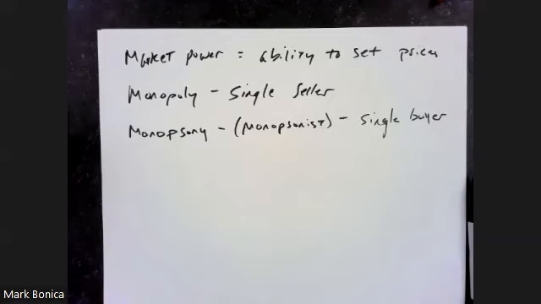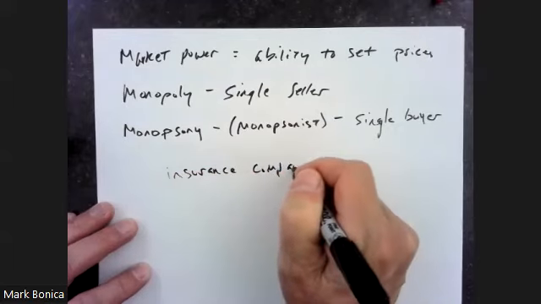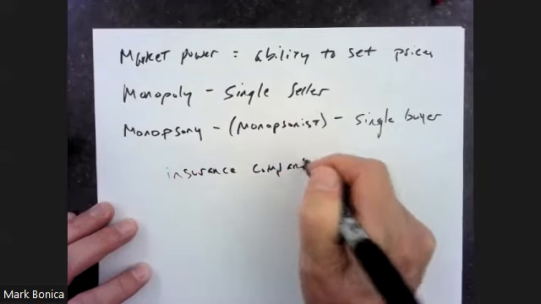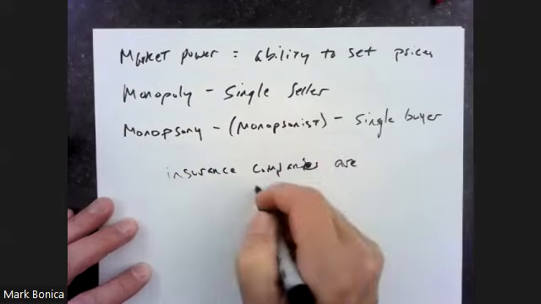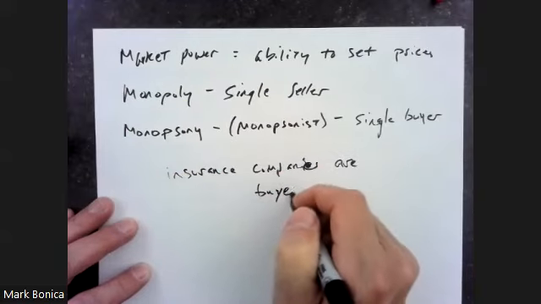The insurance company is basically our buying agent, right? They negotiate the prices with the providers on our behalf. So you can think of insurance companies, right? Are what we might call buyer's agents.